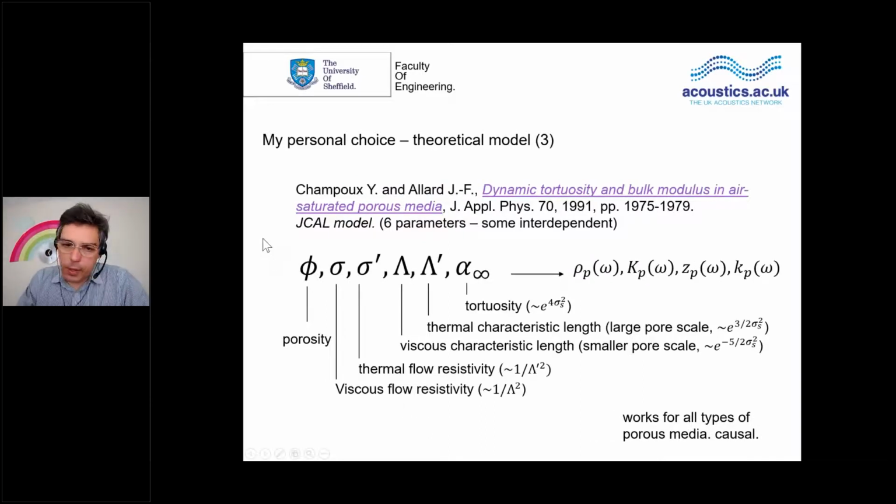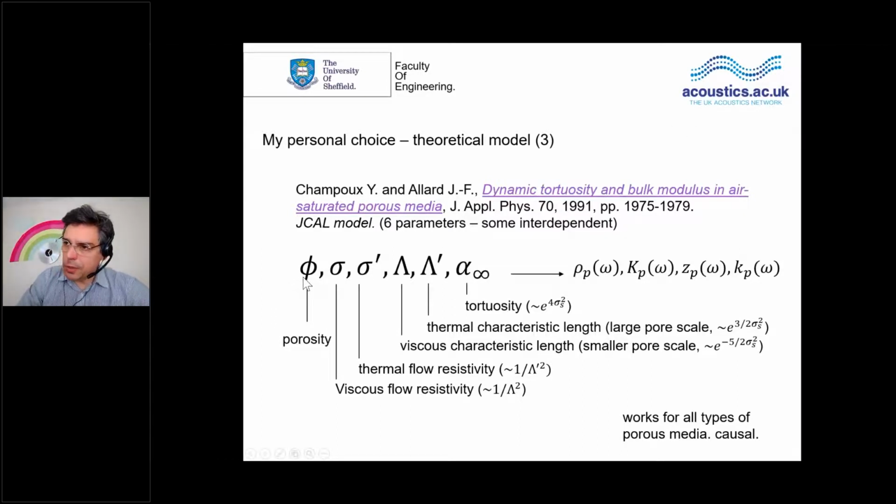And the last model, which I think is actually very good, is the model originally developed by Champoux and Allard, and developed further by Lafarge. And often it's called the Johnson-Champoux-Allard-Lafarge model. It predicts acoustical properties which match almost exactly those predicted by my first choice model.